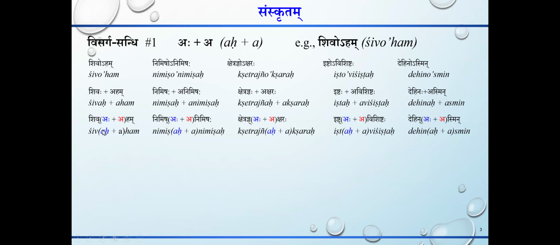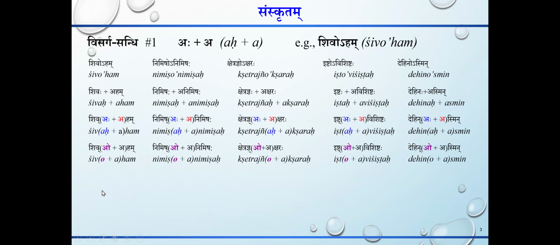Okay, so these are the common features in both Devanagari as well as in Roman letters. Okay, now because of the sandhi process, as we said, if the purvapada ends with aha and the parapada starts with akara, then the aha will change into o. That is the Shivoham. Shiv plus aha.